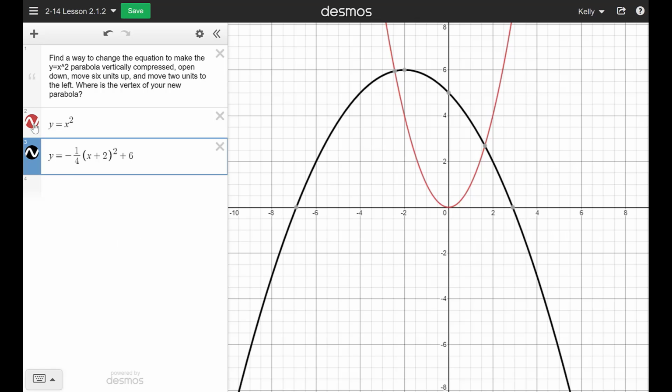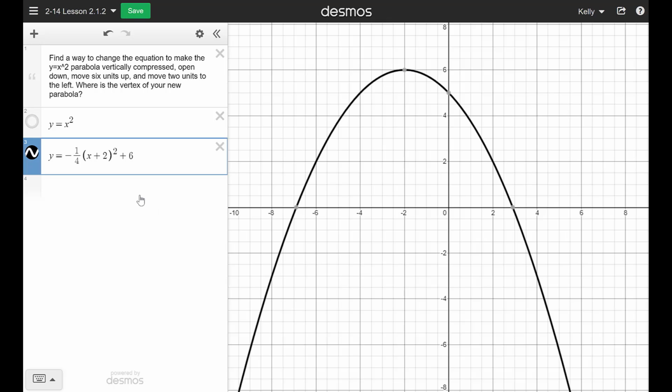So let's take a look at what our vertex is. I'm going to go ahead and mute the parent function. This goes from the parent function with all the information that we just did in this quadratic. It now has this information as the answer. And we're going to talk about what is our axis of symmetry here. It didn't ask us to do this in the problem, but I want you to get used to it.